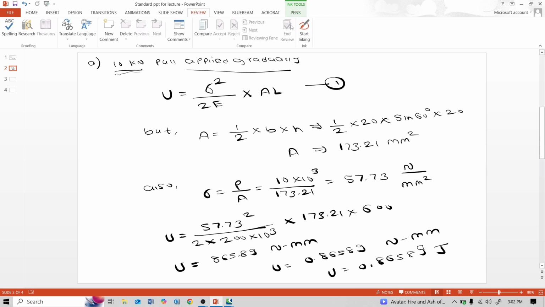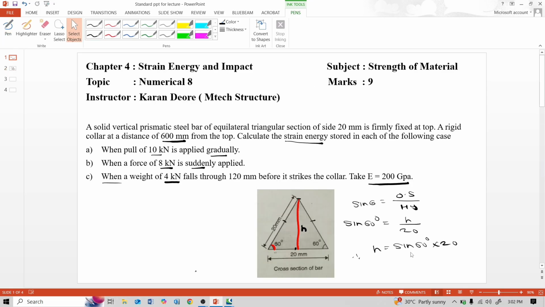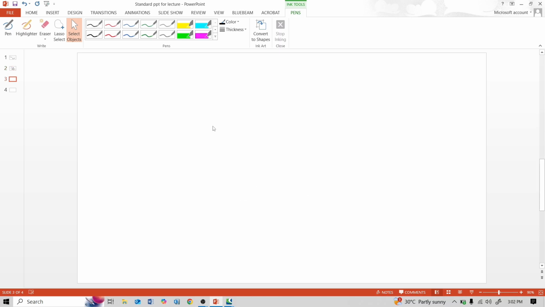This is the first case. Second case is 8 kilonewton load for suddenly applied load. So the strain energy is sigma square upon 2E multiplied by area into length.